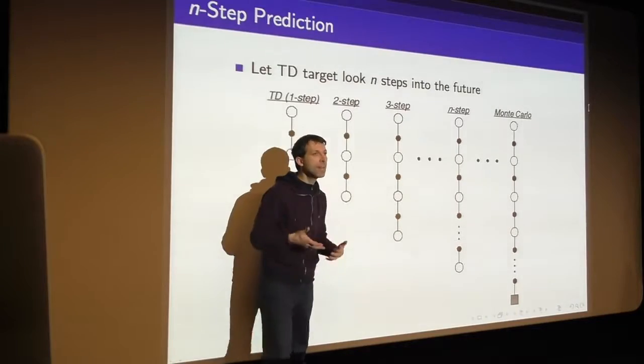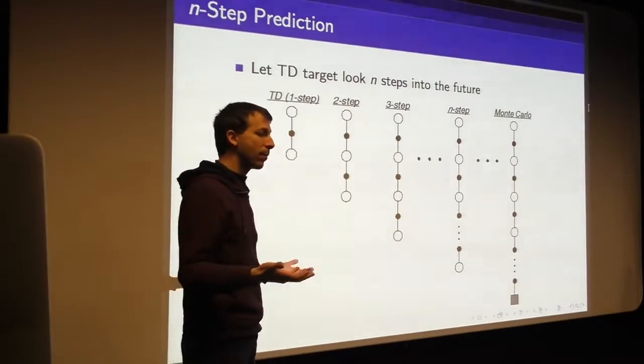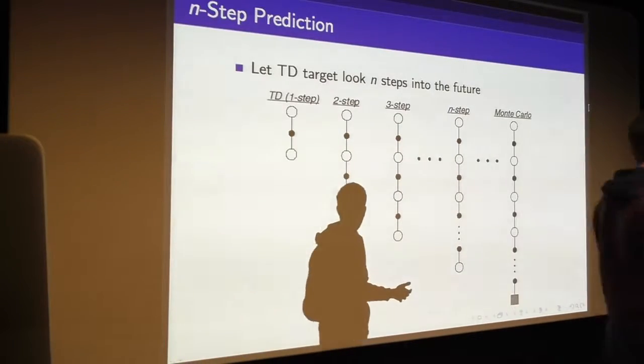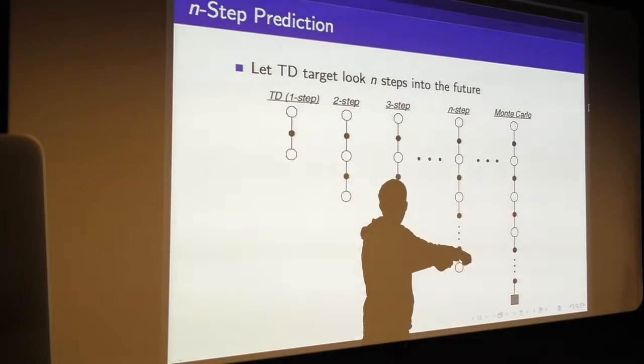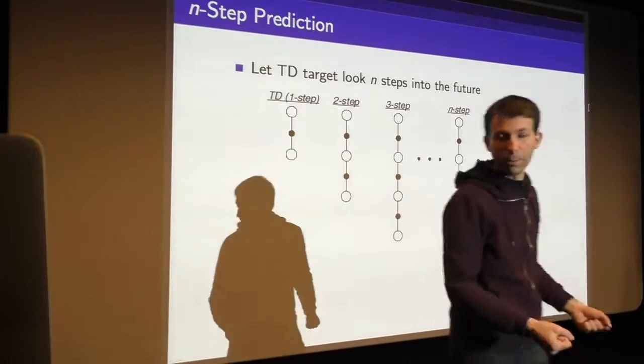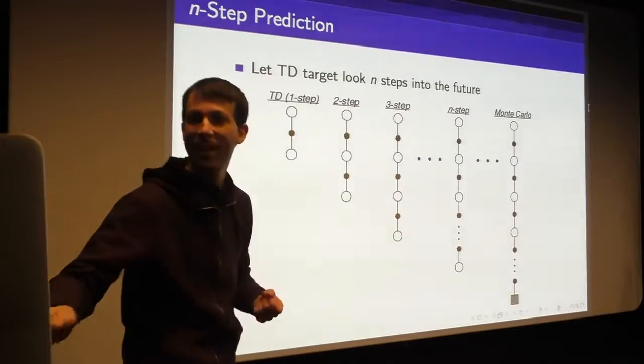So you can do that for any number of steps. You can always say, I'm just going to observe some number of steps of the real world, see how much reward I got along those steps, add on my estimated value from that point onwards, and that quantity is a valid estimate of the overall value function. And we can use that estimate to update our original value function in the correct direction, based on the comments to the last question.